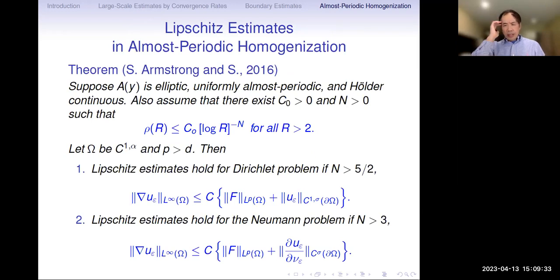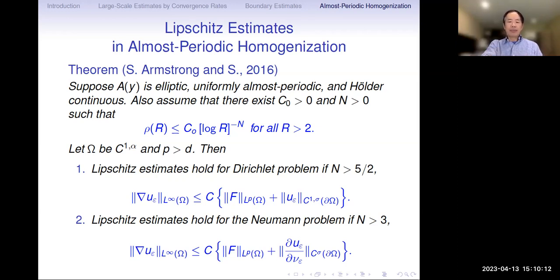Let me just finish this quickly. This is a theorem I did with Scott Armstrong. We are assuming the coefficient matrix is elliptic, uniformly almost periodic, and also Hölder continuous. Further, we assume this function rho of R, which is used to quantify the almost periodicity, has a logarithmic decay with some power n.